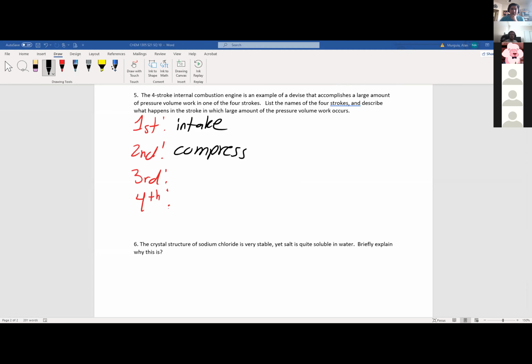And what would be the third one? Combustion. We have combustion. So we intake air, we compress it, and then we combust it, basically have it react and explode, quote unquote. And then we have our last stroke, and what would that be?